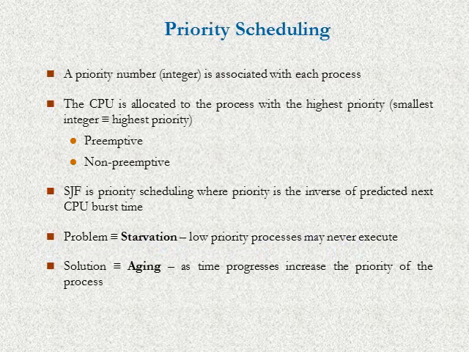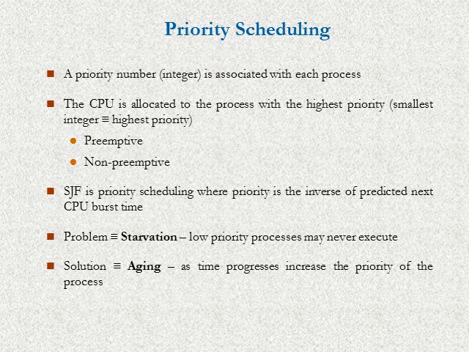So the priority scheduling algorithm utilizes this priority to select a particular process among all the other processes that are waiting in the ready queue. So in priority scheduling, the scheduler selects the process having the highest priority among all the other processes present in the system and passes it on to the CPU for its execution.